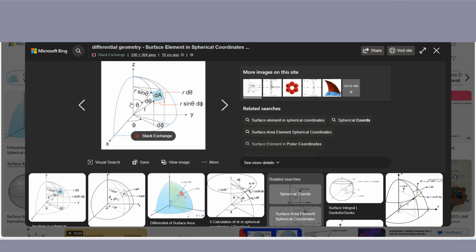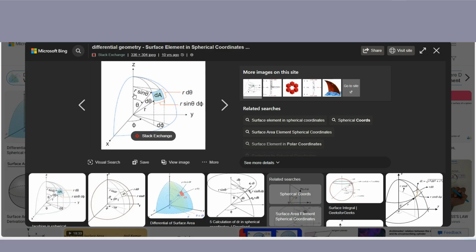In the x-y plane, we could say it's r sine theta, or since we're just in this plane, we can just say it's r, because sine pi over 2 is basically 1.